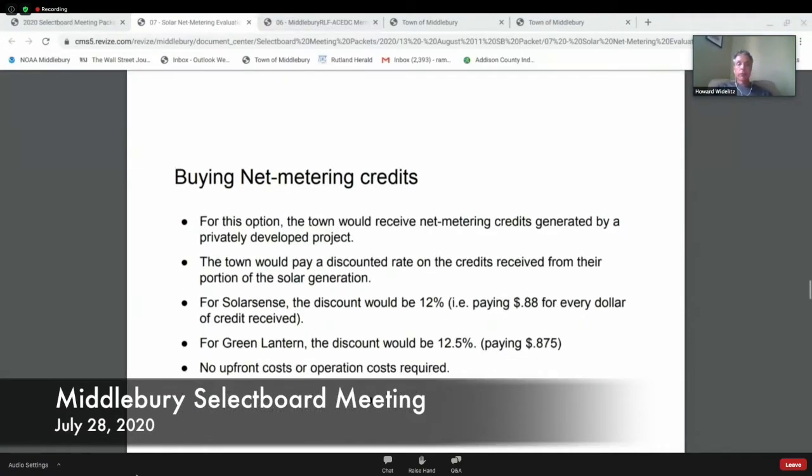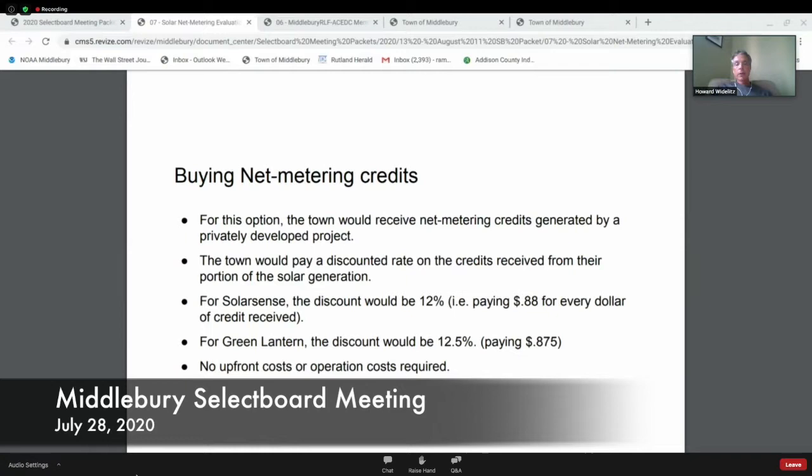So for the net metering credits, as I mentioned, we would buy potentially 347 kilowatts of net metering credits from them, and then they would give us a discount. So if we get $1 of credit from the array, we pay 88 cents for the SolarSense proposal and 87.5 cents for the Green Lantern.